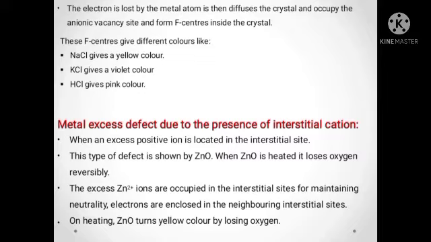The excess Zn2+ ions occupy the interstitial site to maintain neutrality. Electrons are enclosed in the neighboring interstitial site. On heating, zinc oxide turns yellow by losing electrons and oxygen.